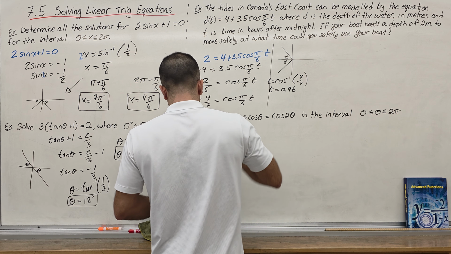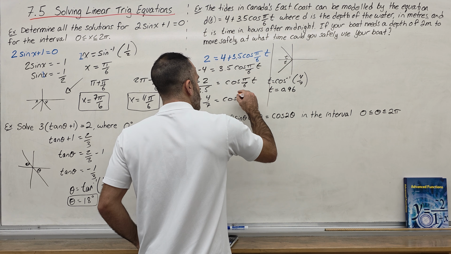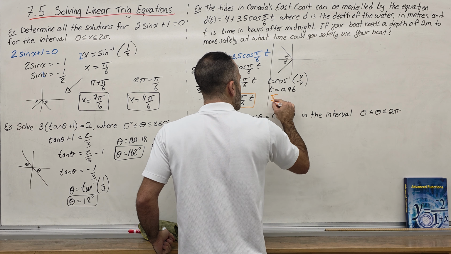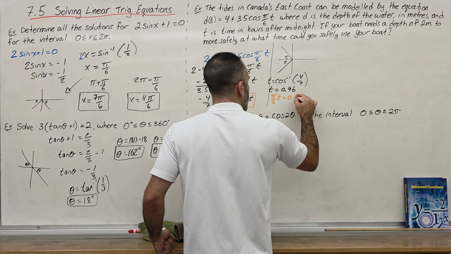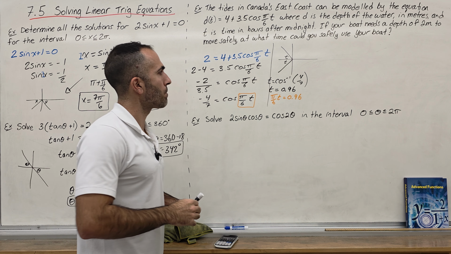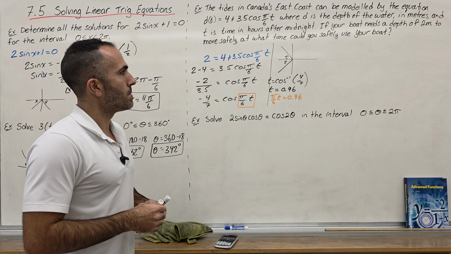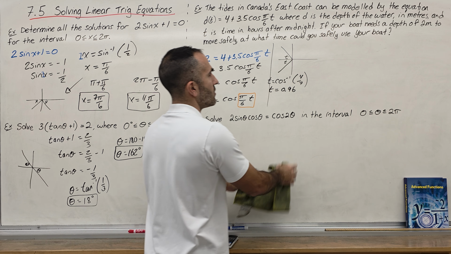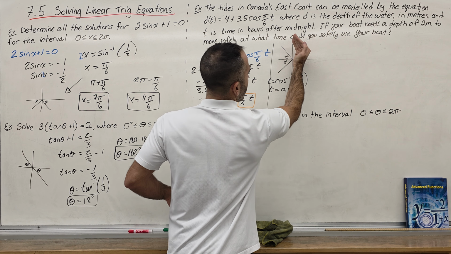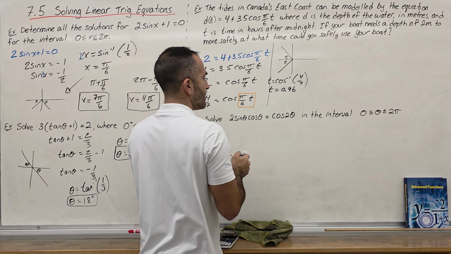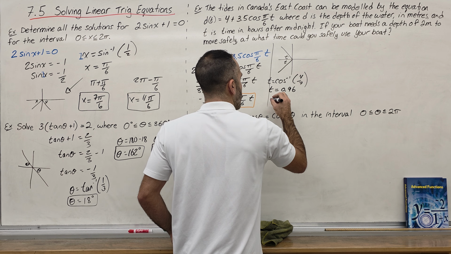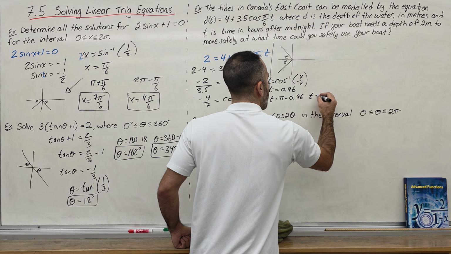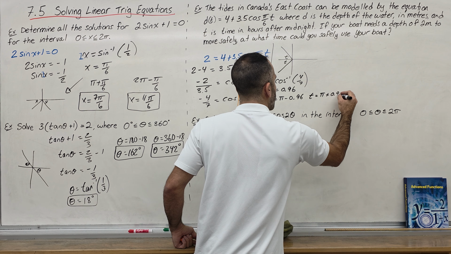So alert, because you're solving for this entire thing, I've got to say pi over 6t equals 0.96. But actually, before I do that, I should come up with the real solutions. It's pi minus 0.96, pi plus 0.96. So those are the two things I'm going to come up with first.